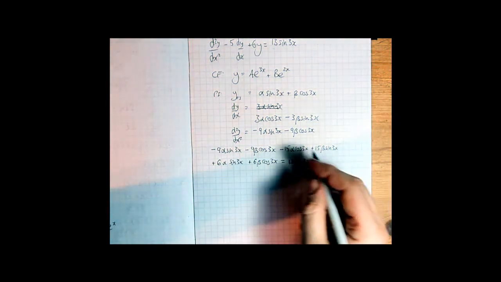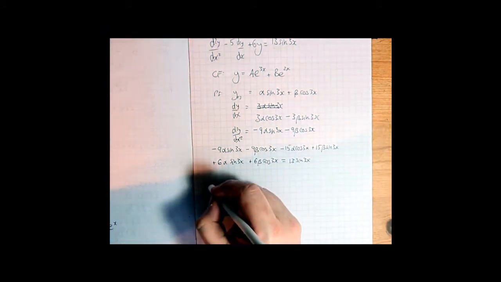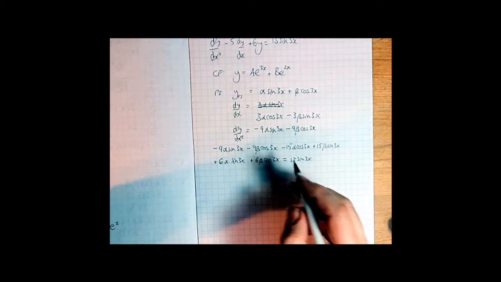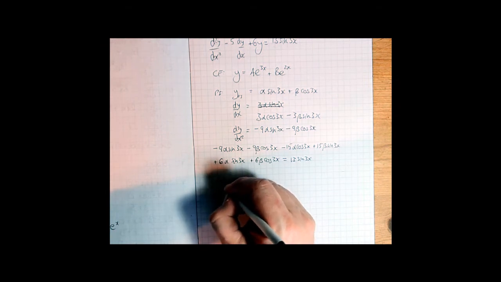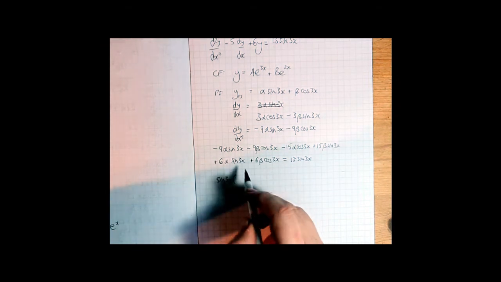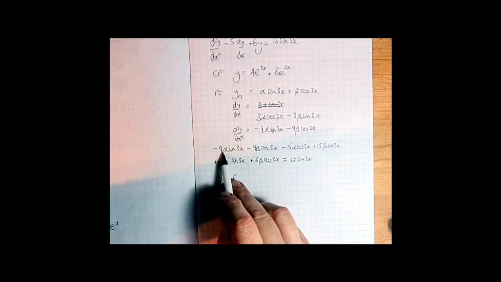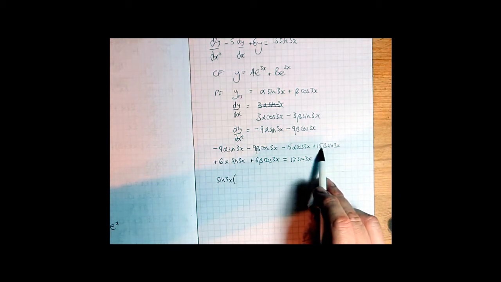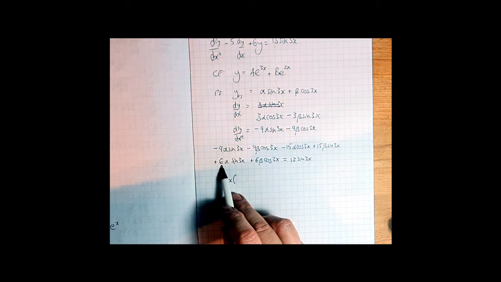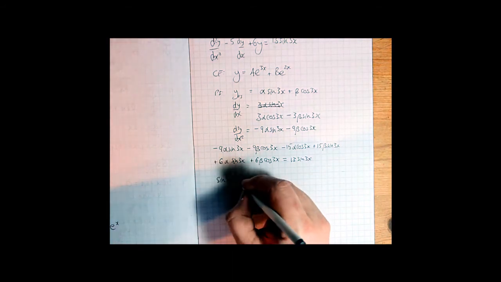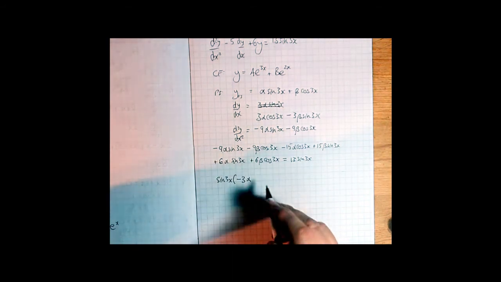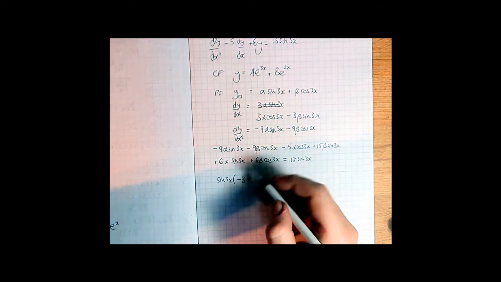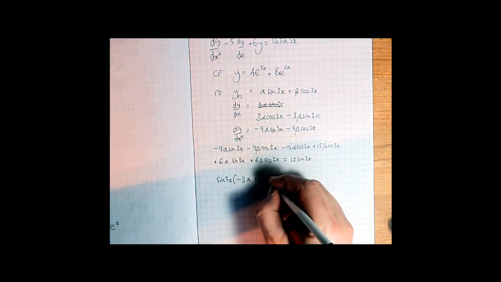So I'm going to compare coefficients of sine 3x. In fact, I'll factorise first. On the left hand side, my sine 3x terms, what I've got, minus 9 alpha plus 15 beta plus 6 alpha. So minus 9 alpha plus 6 alpha, that's minus 3 alpha, plus 15 beta.